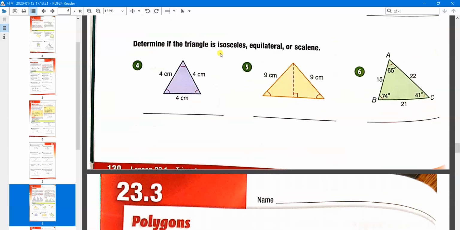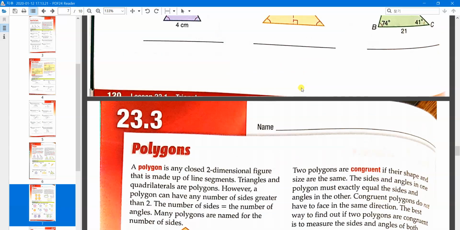And determine if the triangle is equilateral, isosceles, or scalene. Number four, equilateral. Because it has the same sides and that's isosceles. And number six, scalene. 할 게 없다.